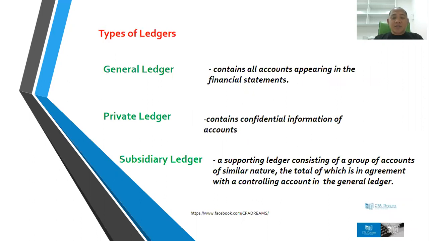It is a supporting ledger consisting of a group of accounts similar in nature, the total of which is in agreement with the controlling account in the general ledger. The purpose of this is to classify the effects of transactions for each account. I will give you some examples later.